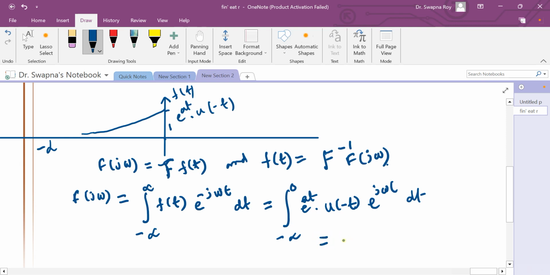So this we can write minus infinity to 0 e to the power a minus j omega t into dt.